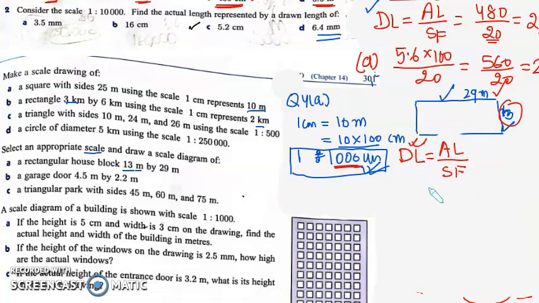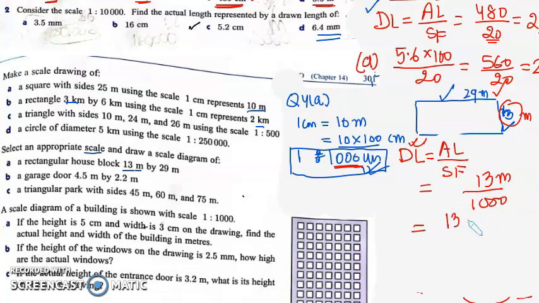length on the paper. So that will be actual length, which is 13 here, and a scale factor. 13 is in meter, remember. So 13 meter, and the scale factor is how much? Scale factor is 1000. So just change meter into centimeter.